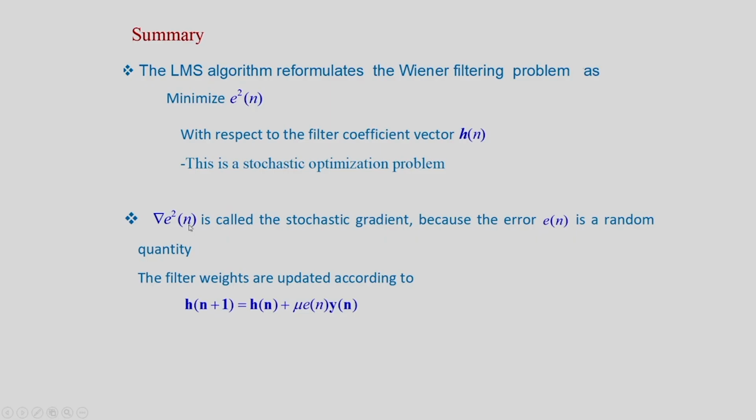Gradient of e square n is called the stochastic gradient because the error e of n is a random quantity. The filter weights are updated according to the relation h of n plus 1 is equal to h of n plus mu times e of n into y of n, where y of n is the data vector and e of n is the filtering error.